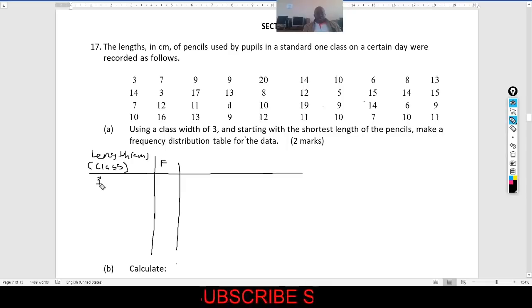For this 3, the lower limit is 2.5, because the least unit of measurement is 1, so the absolute error is 0.5, and we subtract 0.5 to get 2.5. If we add 3, it gives us 5.5. So the upper limit for this one is 5.5, meaning the class starts from 3 to 5.